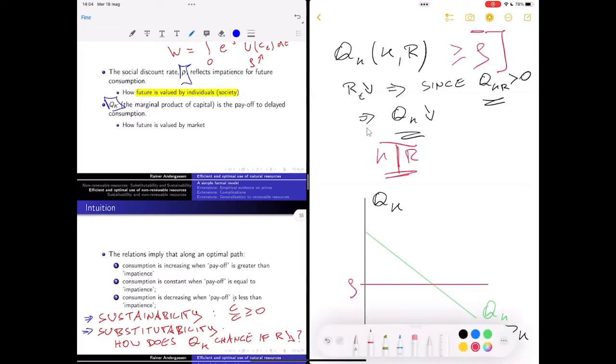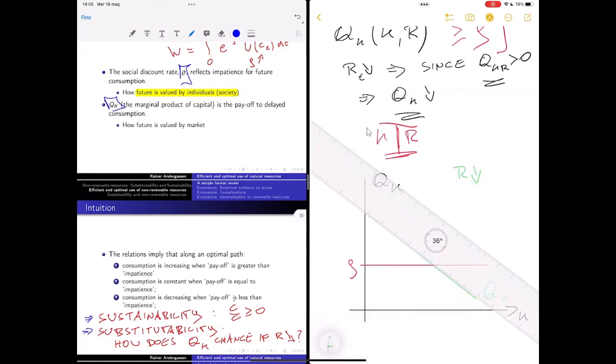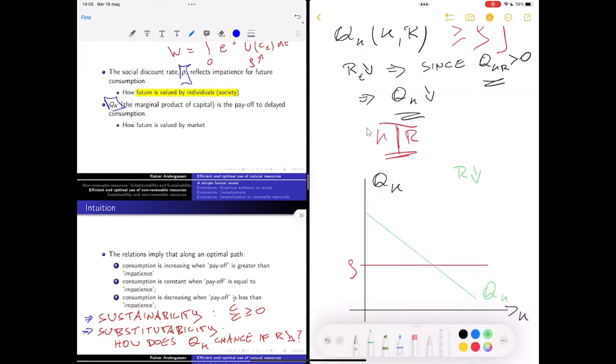If R goes down, then this straight line, the marginal product of capital, declines.